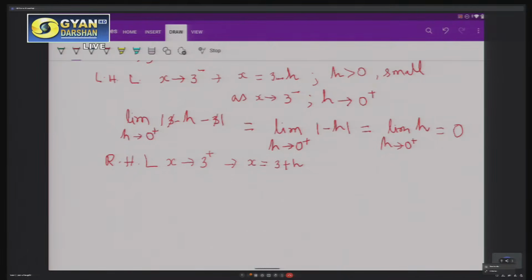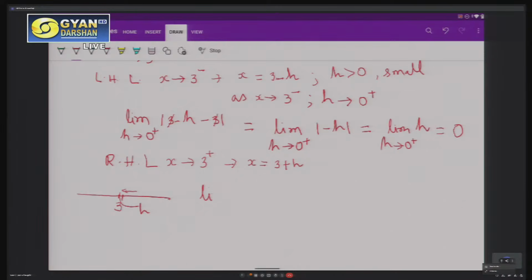Here x is approaching from right side. You see in this number line, x is approaching the value of 3 from the right side. So we are taking h a small quantity, so h is becoming smaller and smaller as x approaches towards 3.